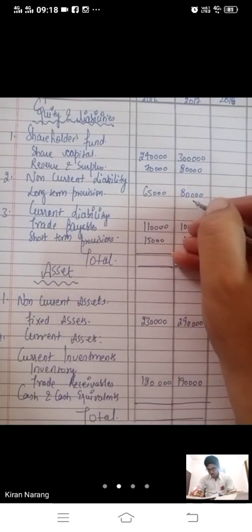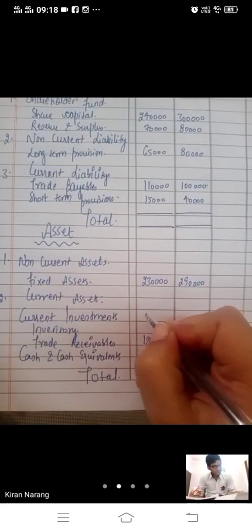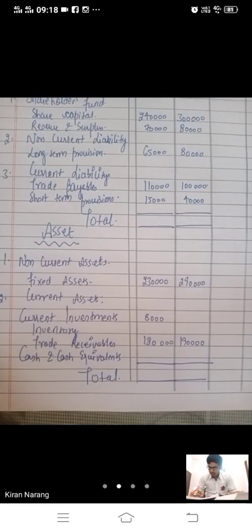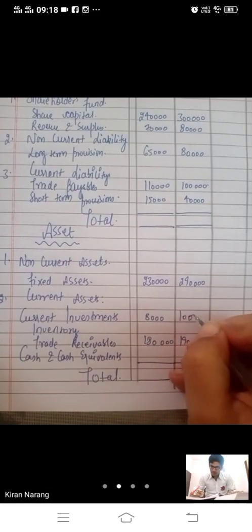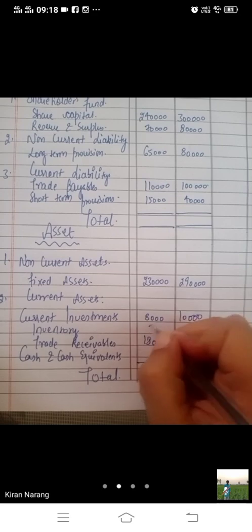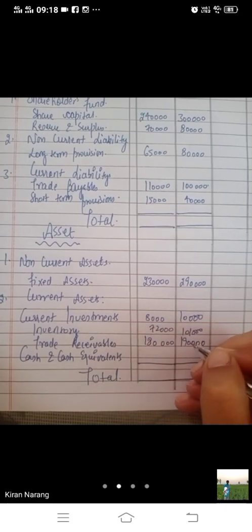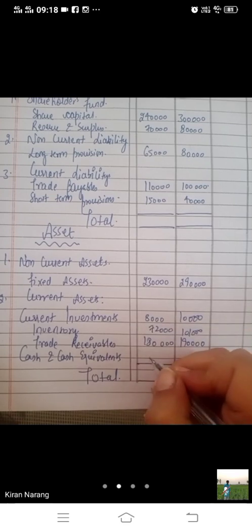Then current investments are given 8 and 10. Current investments will come in current asset, 8 and 10. Then bache inventory 72 and 1,01,000. Then cash and cash equivalents 10,000 and 9,000.